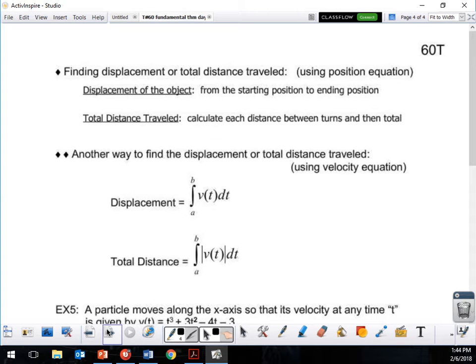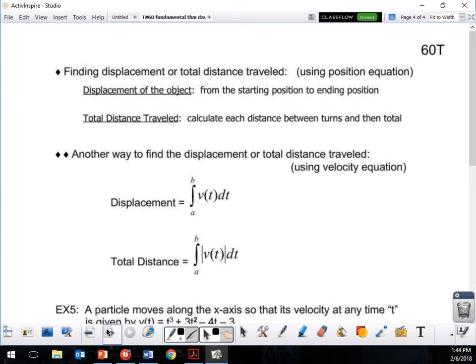So his displacement would be what? The distance from here to Brophy. That's what the displacement is. Now for total distance, he didn't walk only the distance from here to Brophy, right? So my total distance would be from here to the store and then back to Brophy.